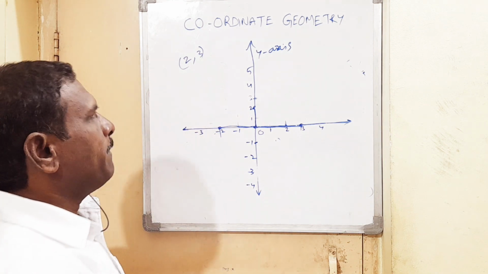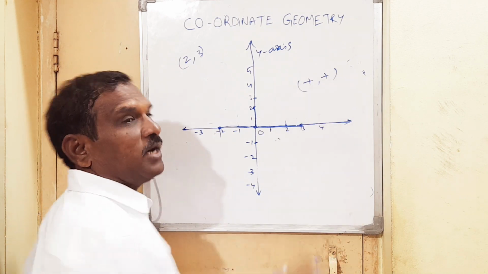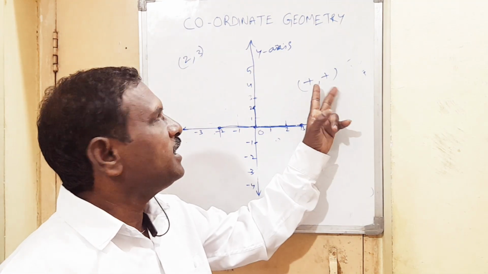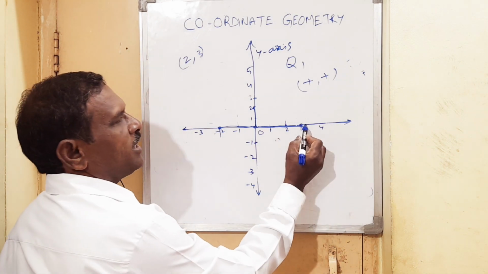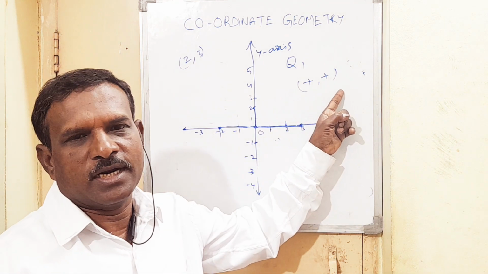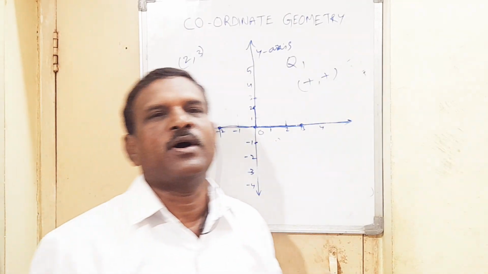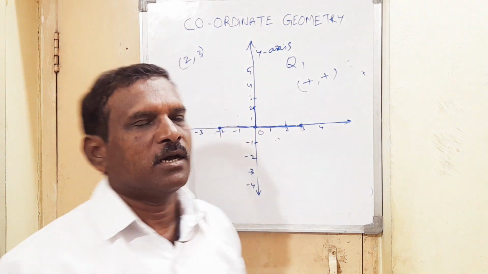As we discussed in the beginning, plus comma plus means the abscissa is positive and the ordinate is also positive. Then that point lies in the first quadrant, that is Q1. So like this, if you are given a point, you can identify which quadrant the point belongs to.